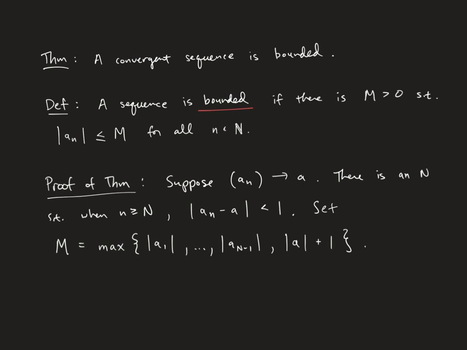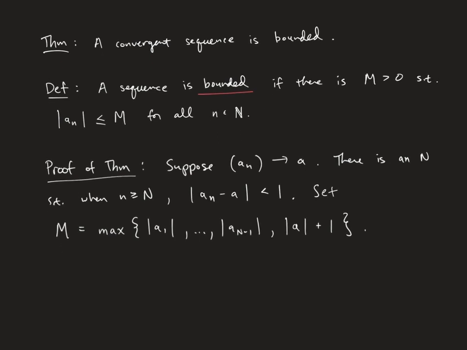So then what we have to show is that the absolute value of an is less than or equal to this m for any n. Okay, so if n is equal to 1, 2, etc., up to n minus 1, then the absolute value of an is less than or equal to m, by definition.